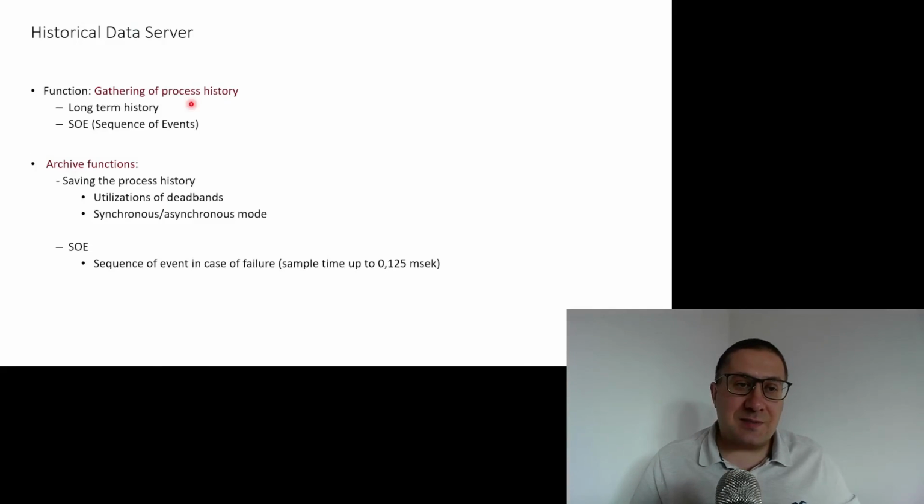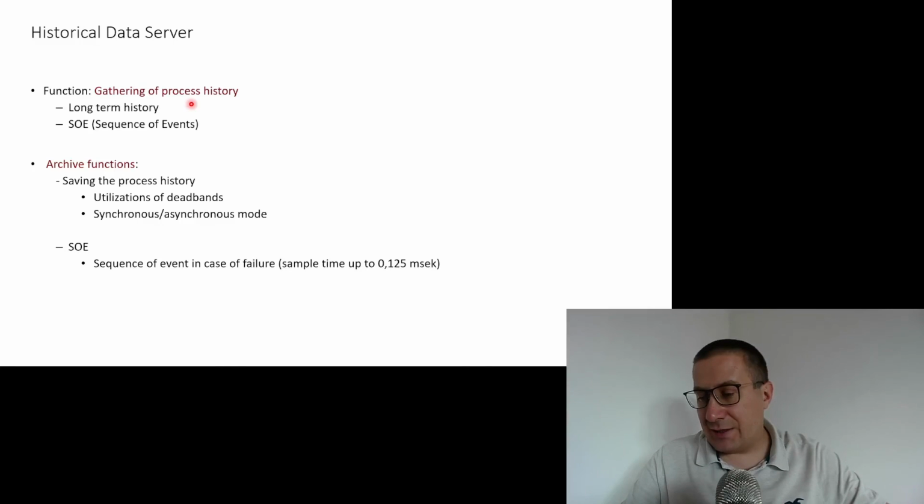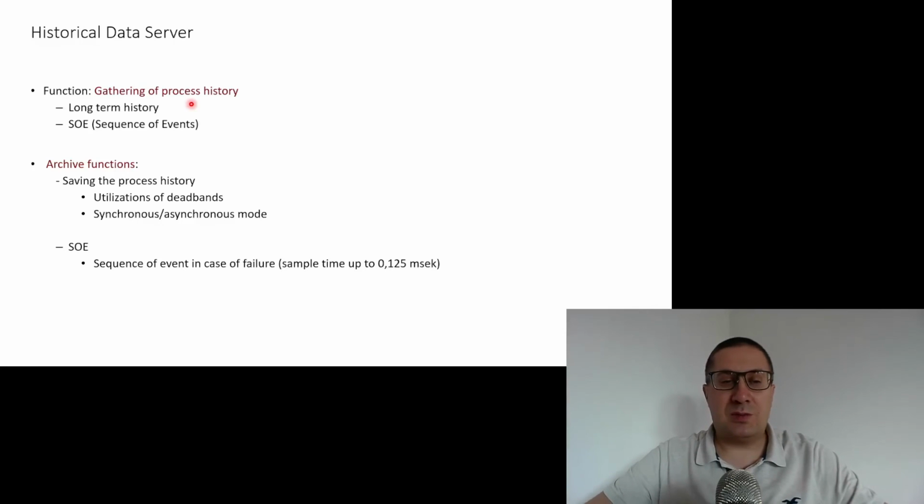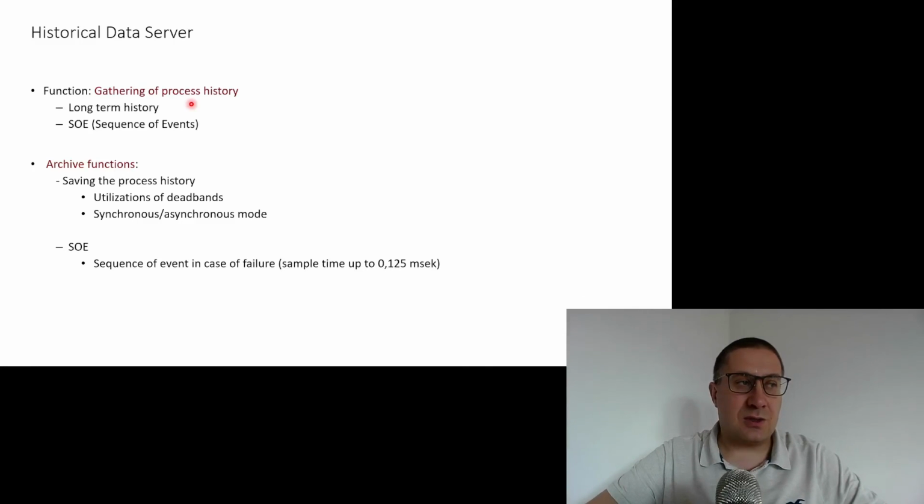And the last element is the historical data server, a very important element from our point of view, because here you can find historical data values that can be used to train the AI algorithm. You have to know that not all process points are stored in the history.